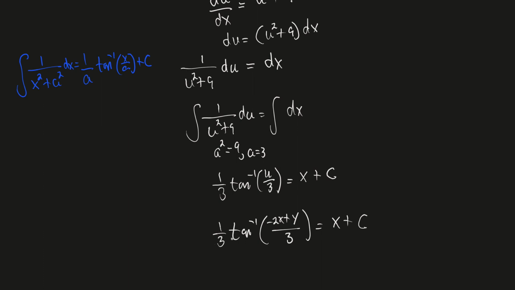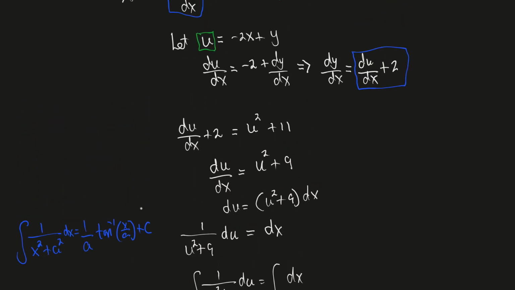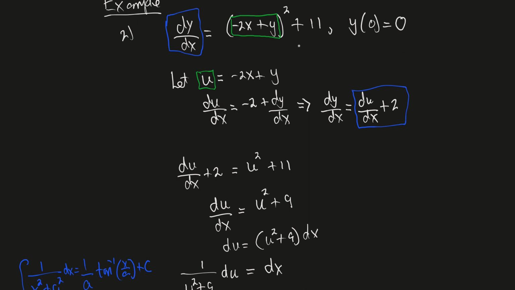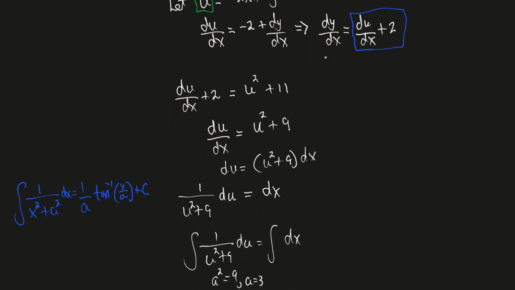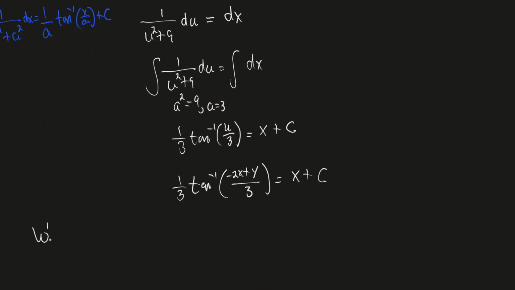All right. First, what I'm going to do is try to solve for c, and let's use our initial condition. Let me remind you, it was y of 0 is equal to 0. So when x is equal to 0, y is equal to 0. Let's plug that in.